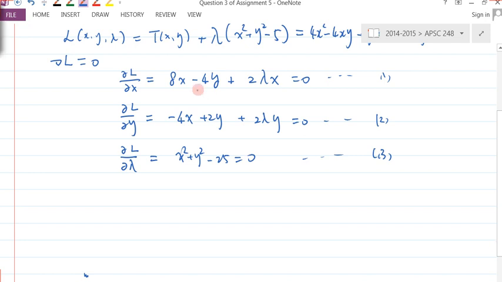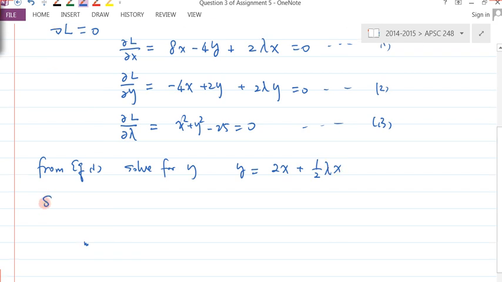From equation 1, we can solve for y. That gives us 4y equal to 8x plus 2 lambda x, so divided by 4, y equals 2x plus 1/2 lambda x.